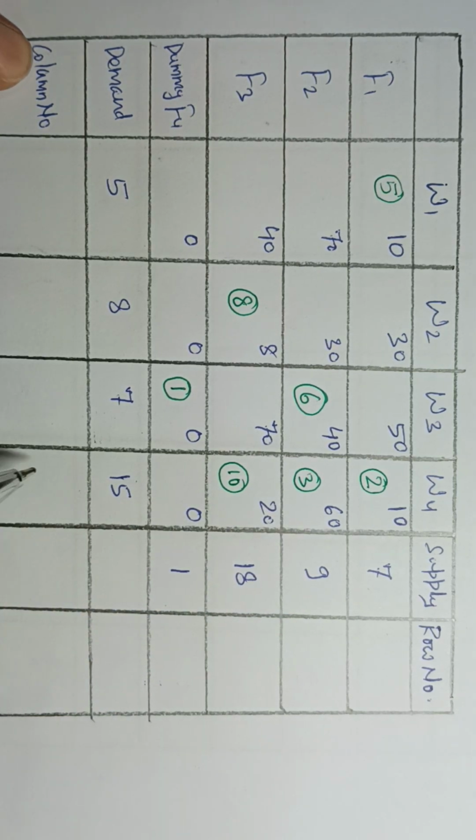So for this we will assume V, which indicates column number, and we write V4 equal to 0. With the help of this, we will proceed to calculate the row number and column number for each row and column.